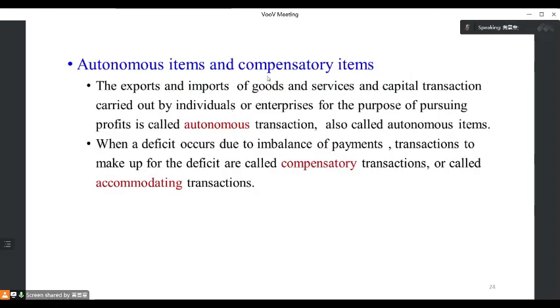Autonomous items and compensatory items.